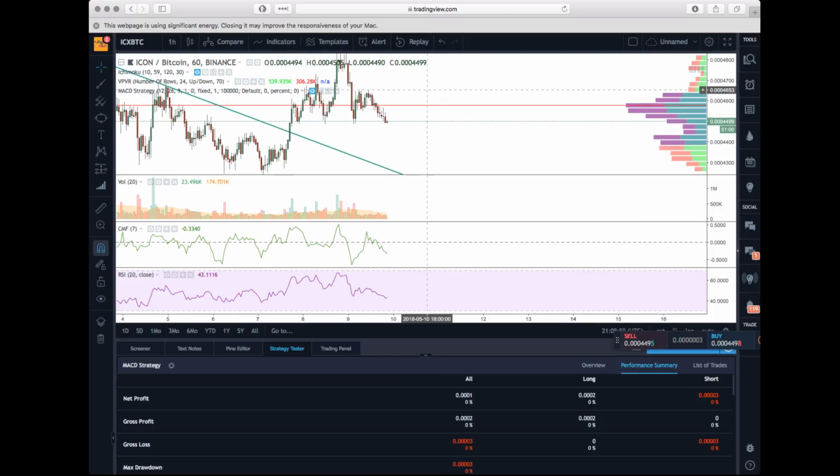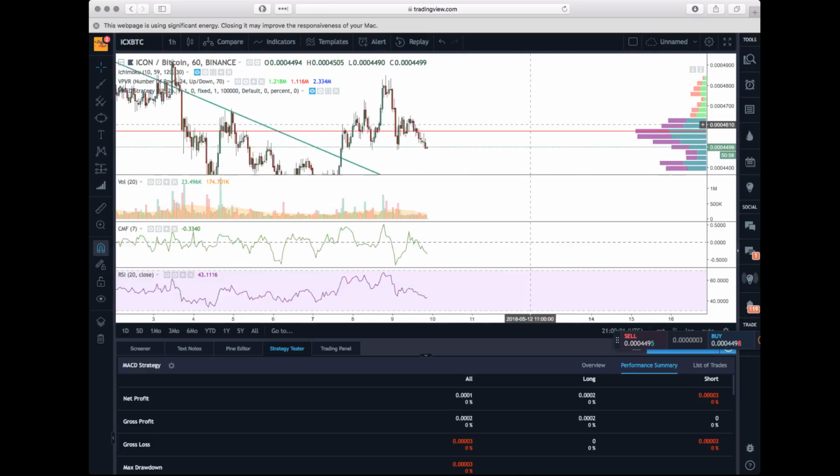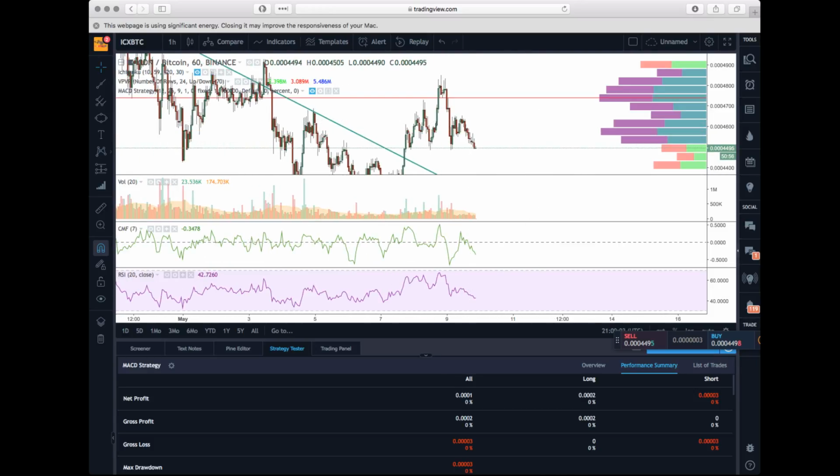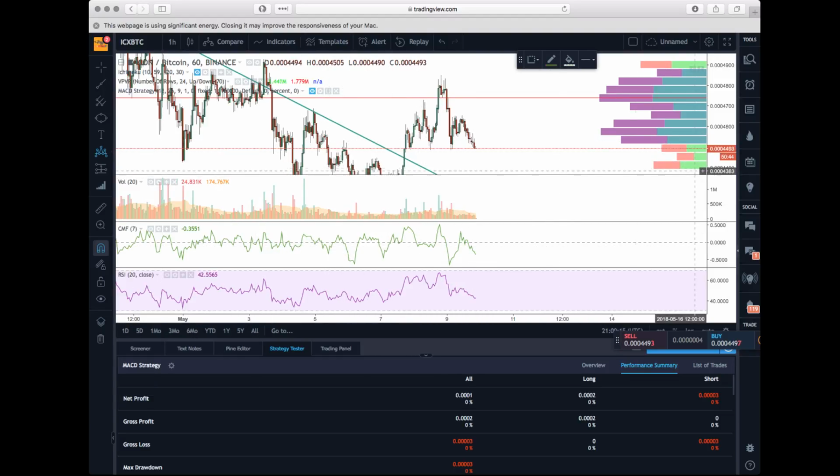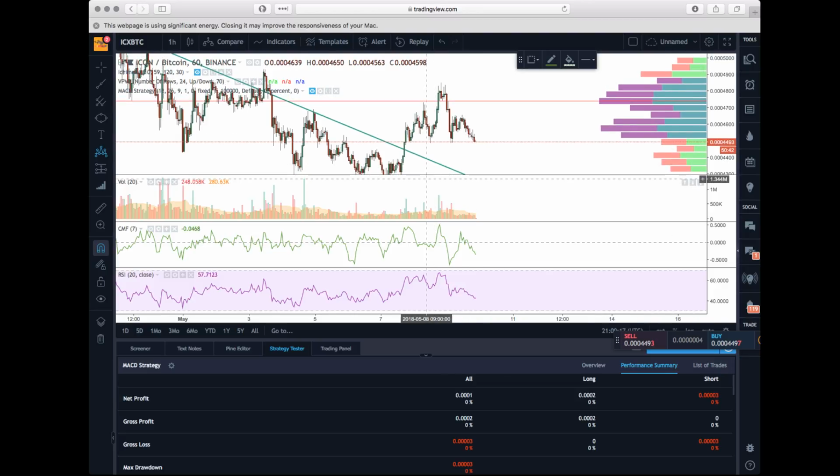So the rule, let's just play with this actually. Let's see what we can find out. I'm not saying this is, because it looks to me like it has not technically broken the neckline, though we're right on that neckline. So this is a great kind of live action. See what's going on here. So let's build this.